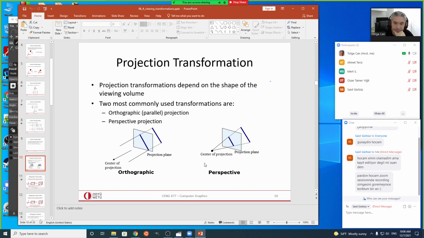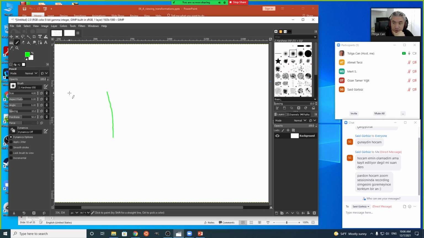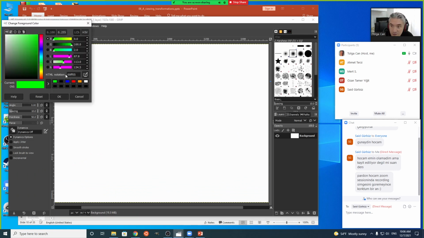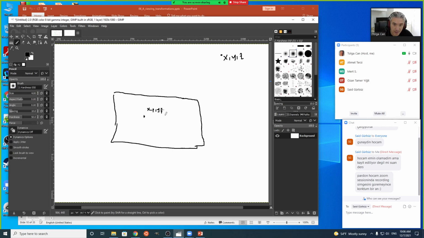So in projection transformation, there are two most commonly used transformations. Our goal will be, let me change this color, it's not very good, let me change to black. So this is a really difficult transform. It's not an affine transformation, it's not linear. Our goal will be, given an XYZ value here, to find this XP, YP, and ZP.